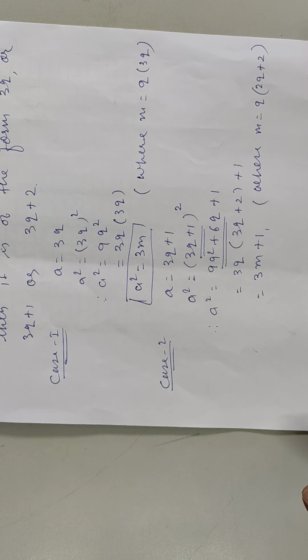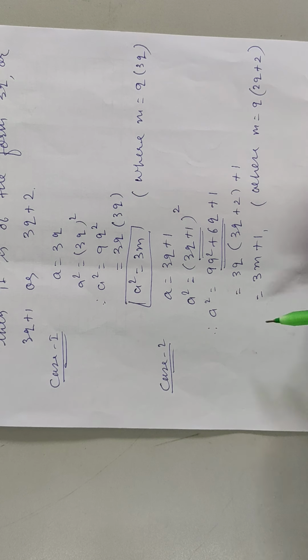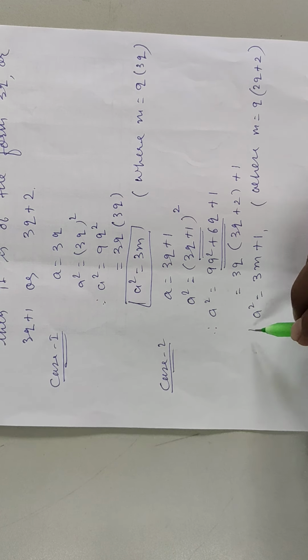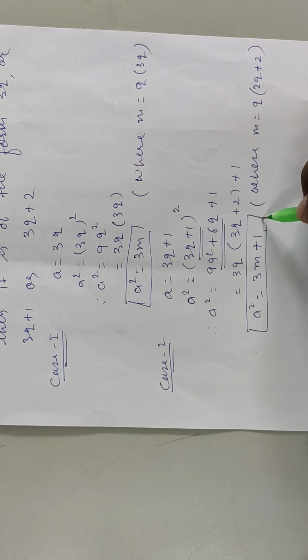Hence you can see that a square is of the form 3m plus 1.